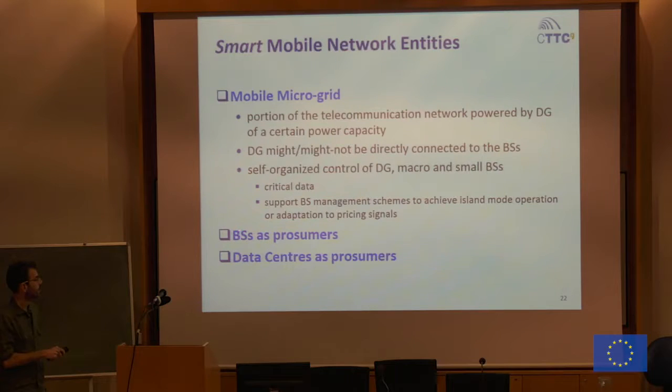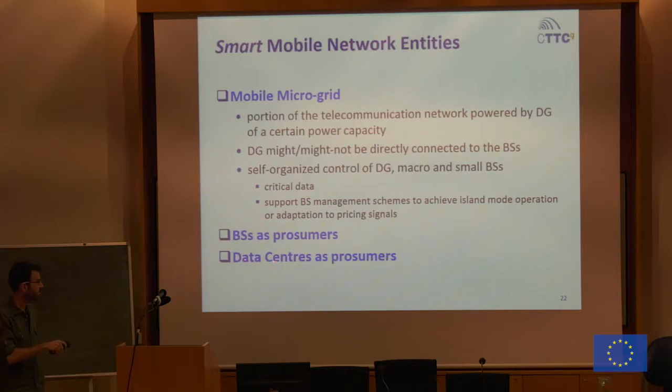So in this case, our prosumers are the base stations. The base station is consuming energy because it's serving some users, but it's also producing energy because it has the solar panel or whatever other kind of energy harvester you can have.